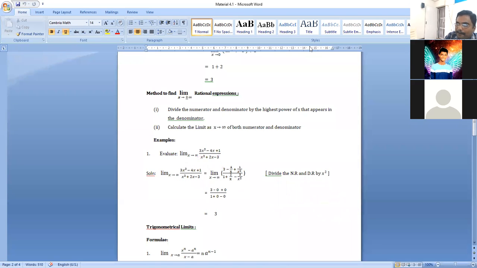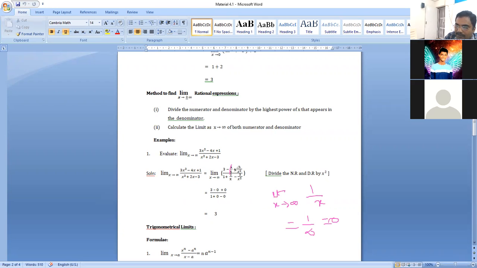Is it clear? Yes, sir. Now, when you are applying limit x tends to infinity, 1 by x will always be 0, because when you put 1 by infinity, you always get 0.